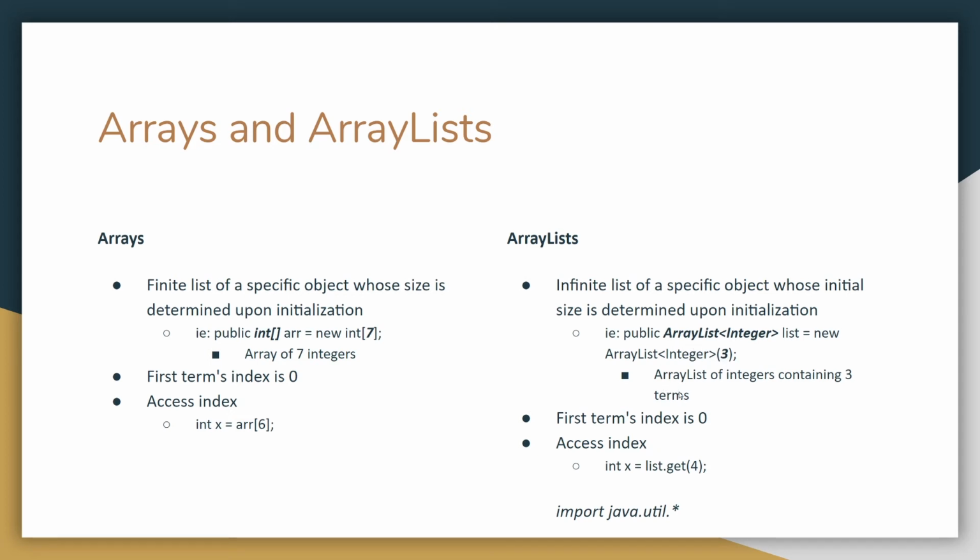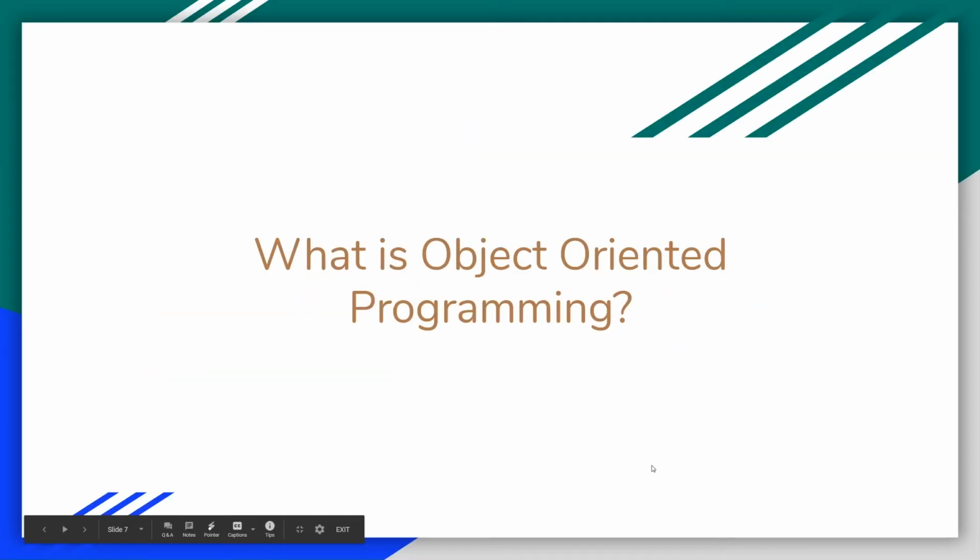So from this line we can tell that the array list of integers is containing 3 terms. Same thing as arrays, the first term's index is 0, and to access an index in array lists we use .get. So list.get and then the index of the term that you want. It's also important to remember that you have to import java.util.ArrayList to specifically get ArrayList, and java.util.* to get all of the Java utilities.